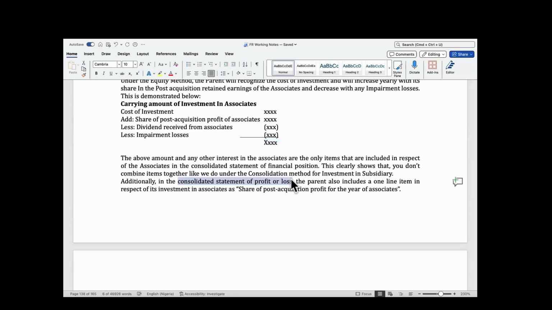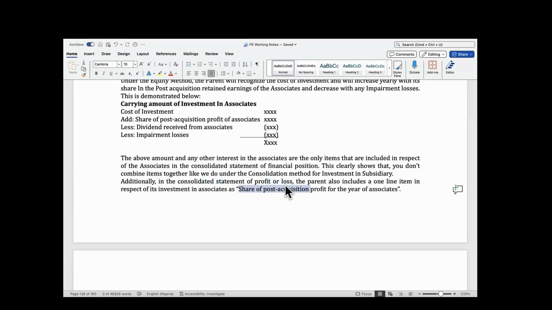You don't consolidate as well. You don't add figures of the parent and associate together like we do for subsidiary. No. The only thing you recognize, just like you did for the consolidated statement of financial position, for the consolidated statement of profit or loss, you only take your share of profit of the associate. You just add it to your profit for the year.